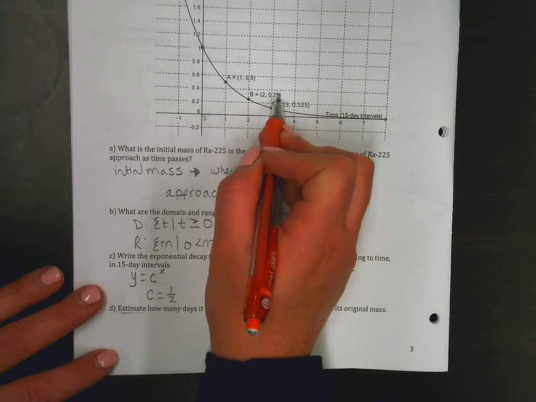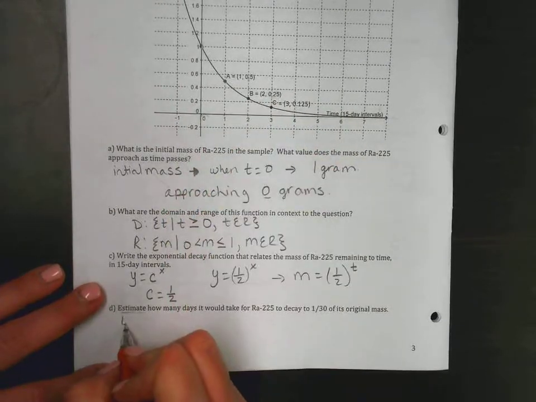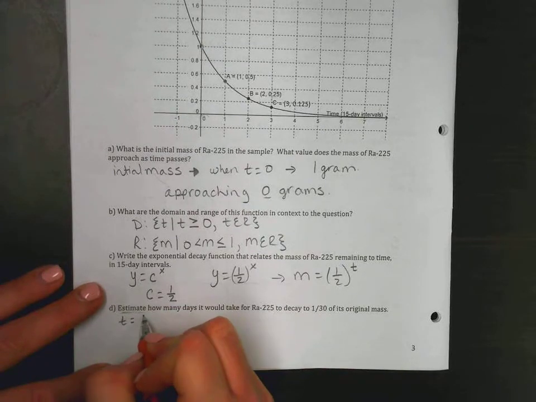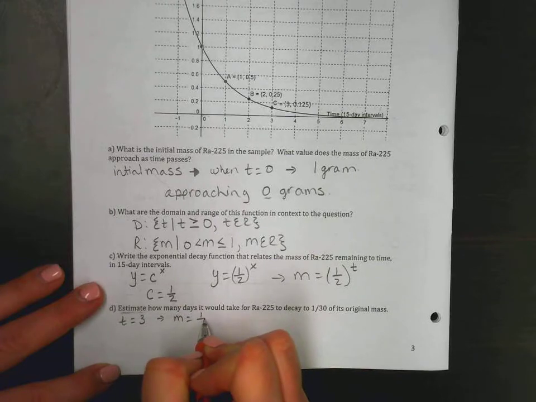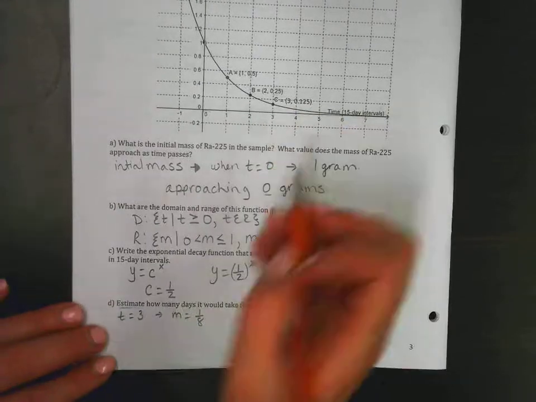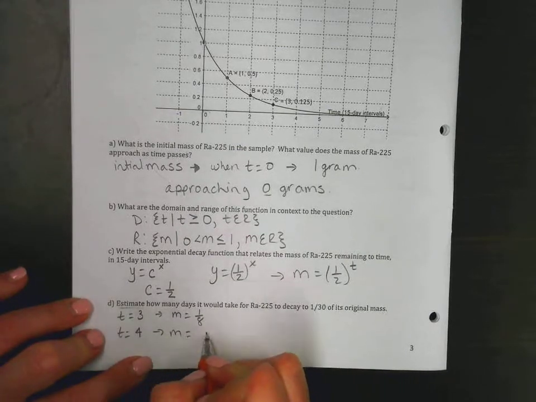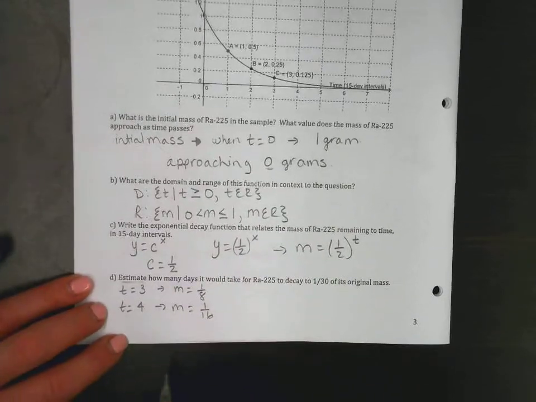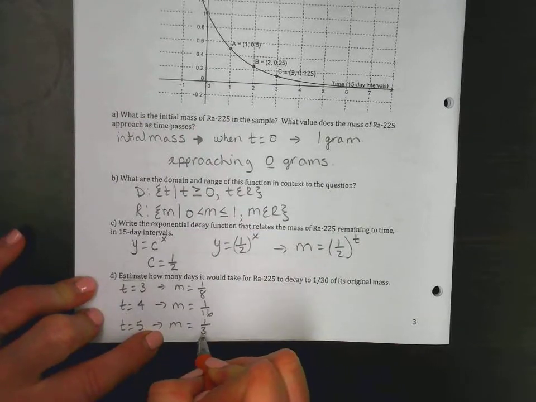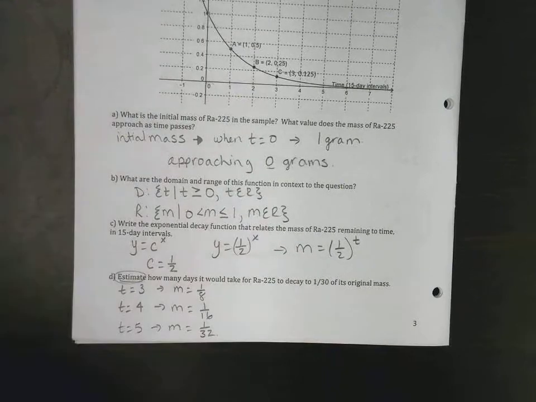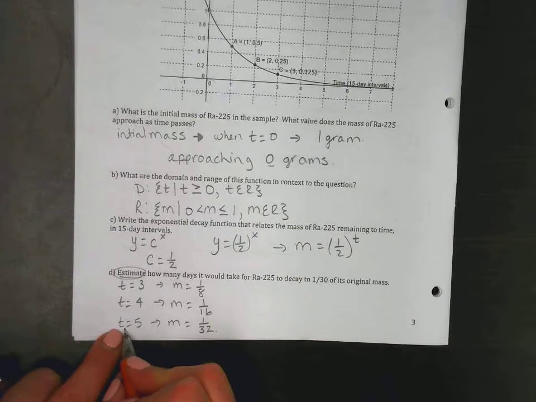At t equal to 2, this is 1/4. At time 3, our mass is equal to 1/8, which equates to 0.125. At t4, I'm going to cut that in half again, which is 1/16. Time 5, I cut that in half again, which is 1/32.